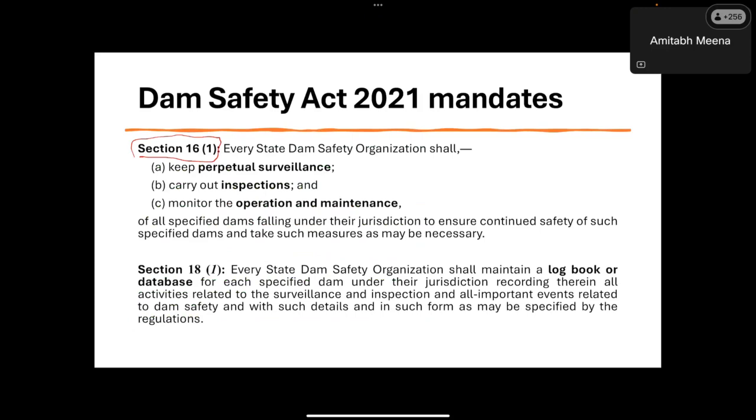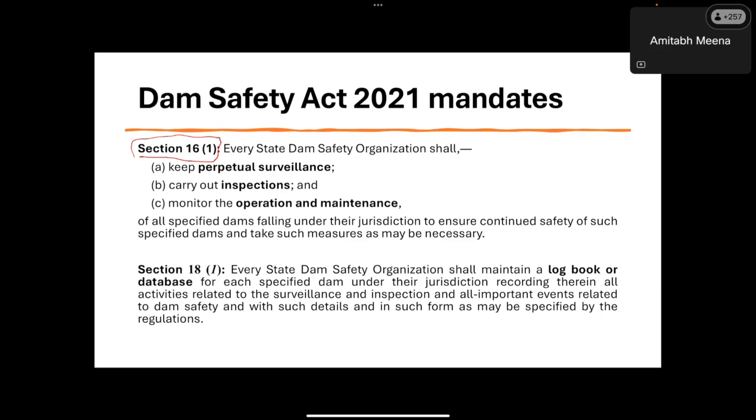It talks about perpetual surveillance of the dams. This surveillance includes not only inspections but whatever activities are being done for the safety of the dams, including security of the dam.